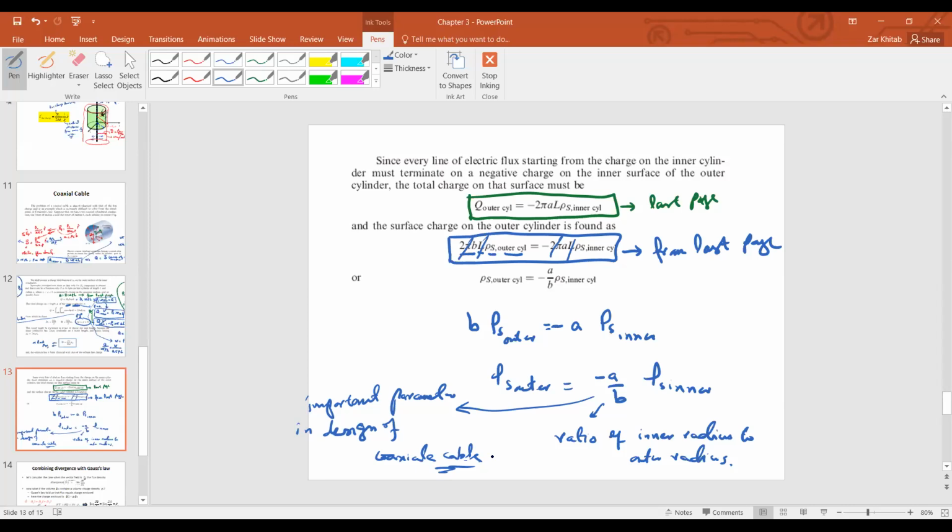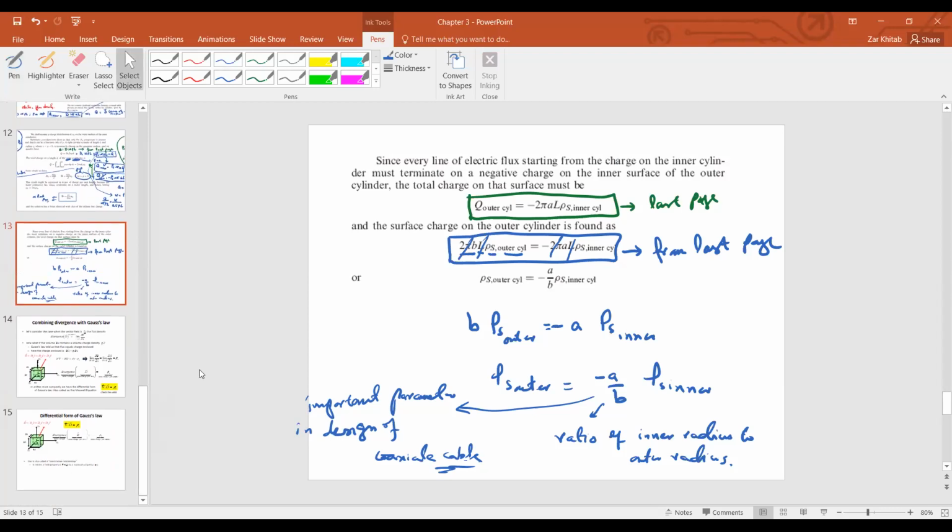If you change the radius of A or radius of B, you change every aspect of your design. The coaxial cable, and the design parameters are important.